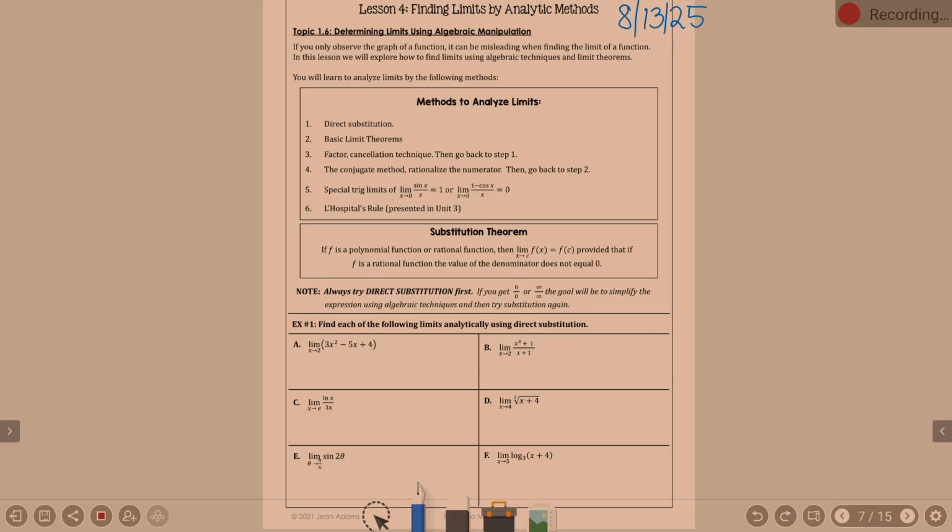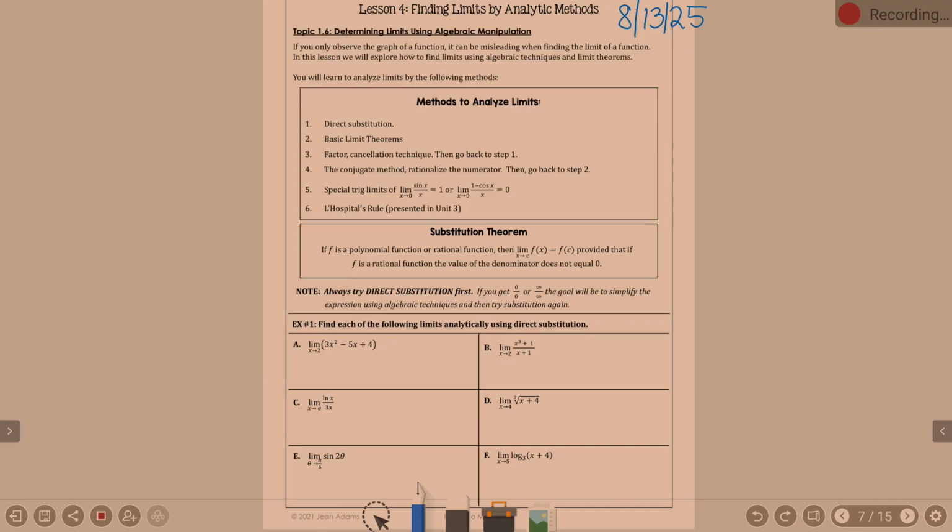The conjugate method. If you have a fraction that's kind of nasty, we'll talk about rationalizing the fraction, and sometimes that can be rationalizing the numerator. We're going to talk about 2 special trig limits that fall into the category of things you just need to know walking out of AP.